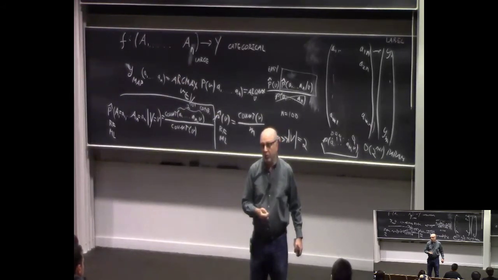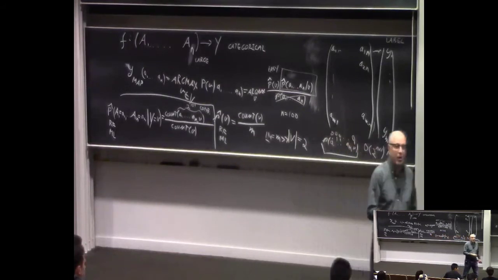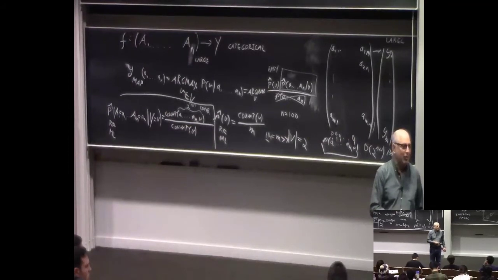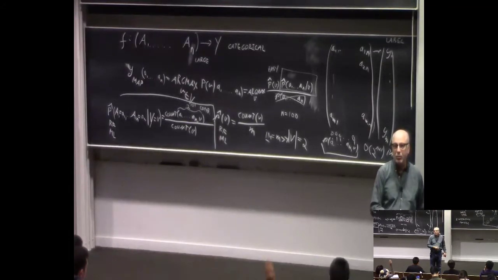What do we do? When you don't have enough data to support your parameters, what do you do? Yeah. Make assumptions, thank you. That's what I wanted you to say, to all say. Make assumptions. And what assumptions should we make? Yeah?